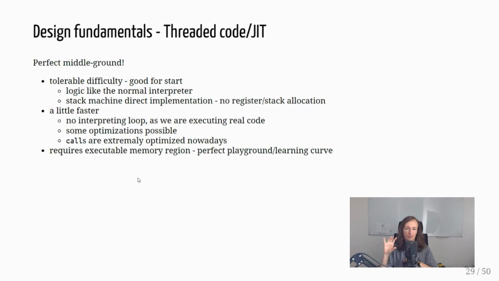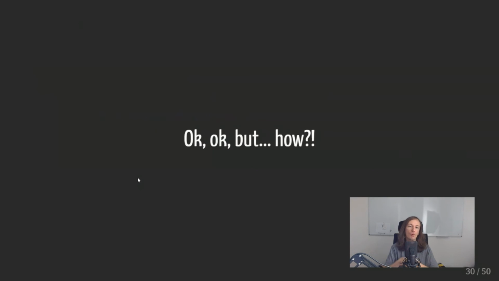It is easy to grasp how to implement it. It looks like an interpreter, but in the end, it is producing some real code. So there is no interpretation phase afterwards. We are just producing some native code. It consists of a lot of calls, I agree, but calls are extremely optimized nowadays in CPUs, so it will not be super slow. And it sounds like a pretty nice approach to write something working, which is not so trivial as an interpreter.